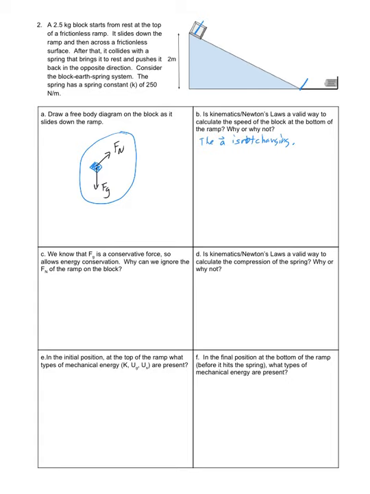The problem here is that we can't calculate that acceleration because we know the height, but we don't actually know what angle this is. And without knowing the length of the side, there's no way to find the angle. So the acceleration is constant, but we can't find it without the angle.